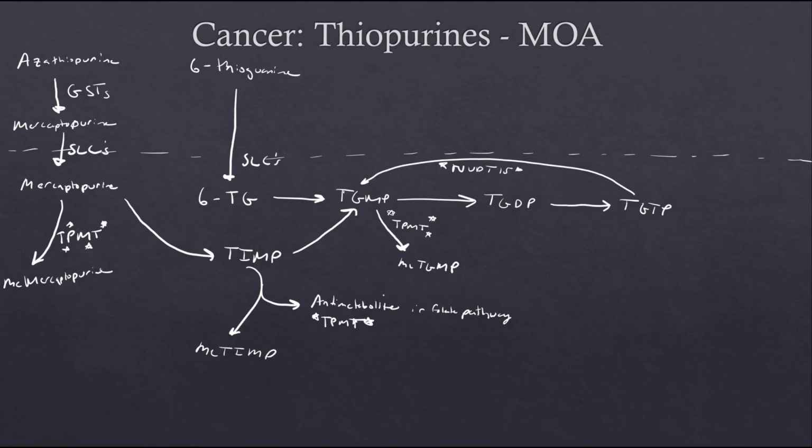So again, this is where TPMT comes in on this guideline. Furthermore, methylated TIMP actually inhibits de novo purine synthesis, therefore stopping DNA replication. Additionally, on all of this metabolism, there's further effects with thioguanosine diphosphate.